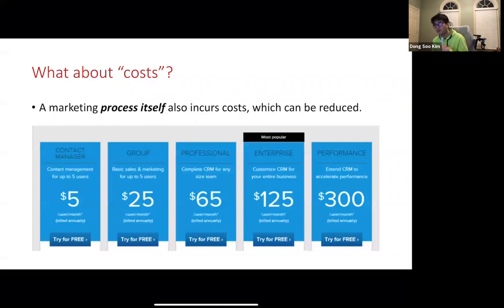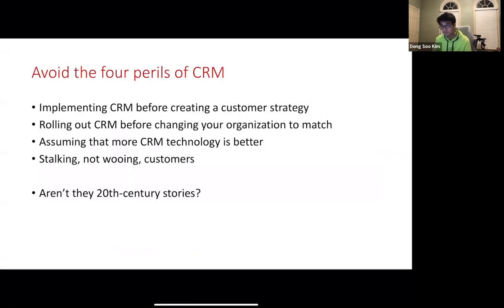This is quite related to the message from the Harvard Business Review article, Avoid the Four Perils of CRM. This article addresses what would happen if a firm adopts CRM without preparation at the organizational level.